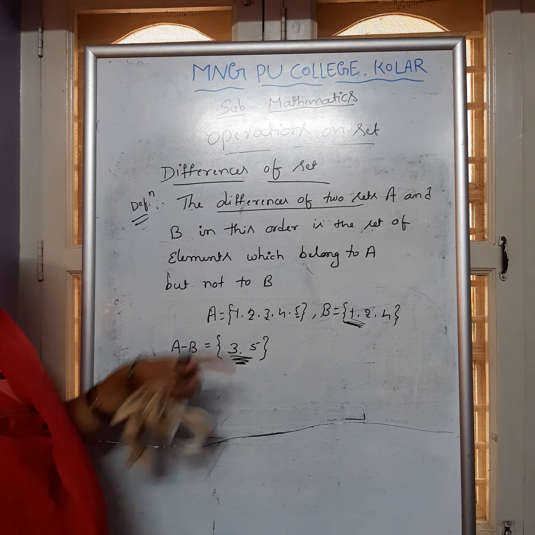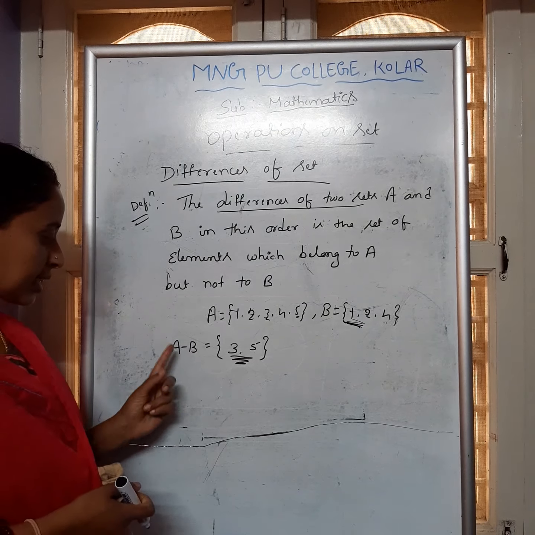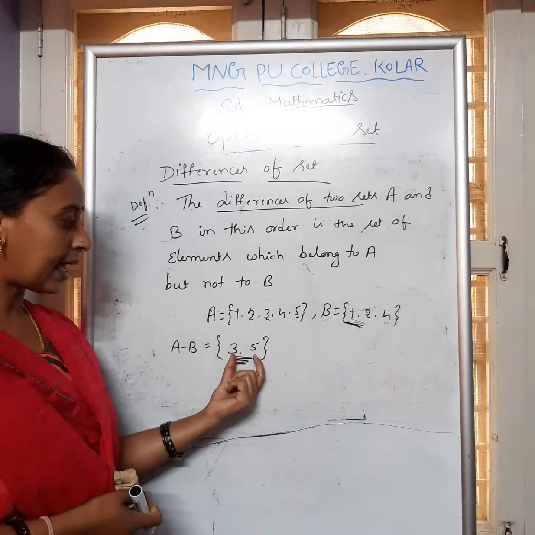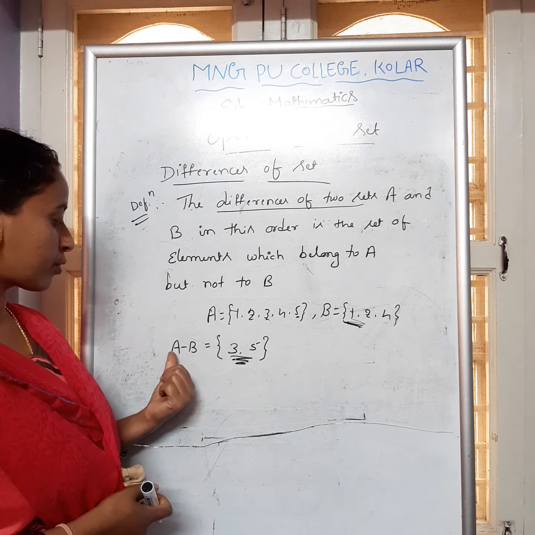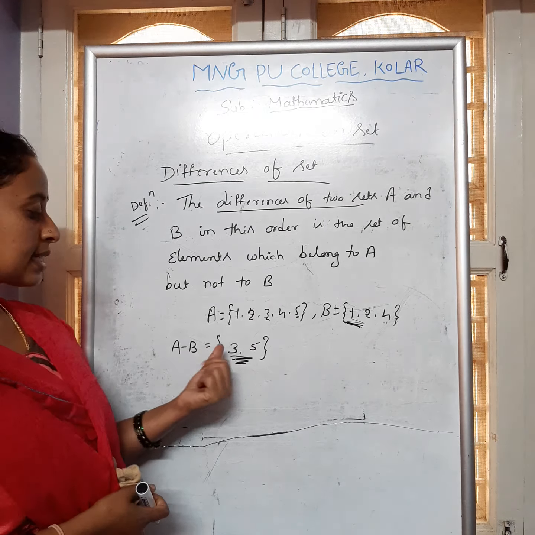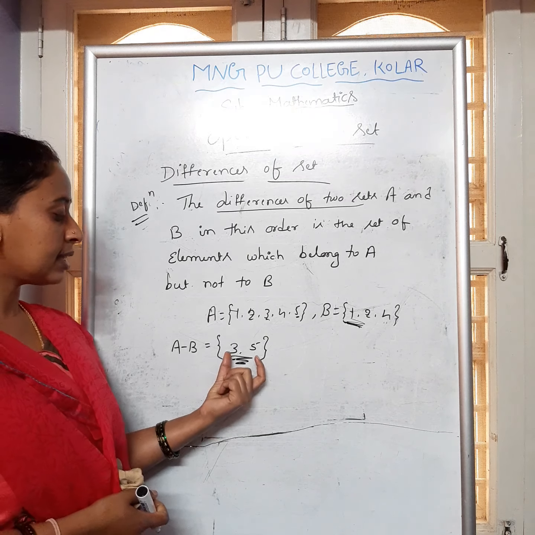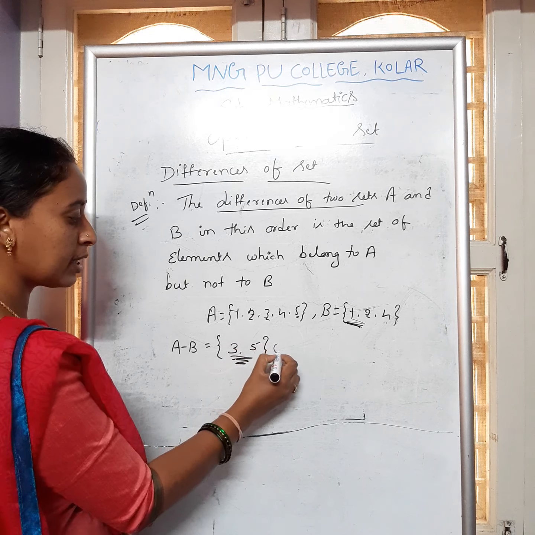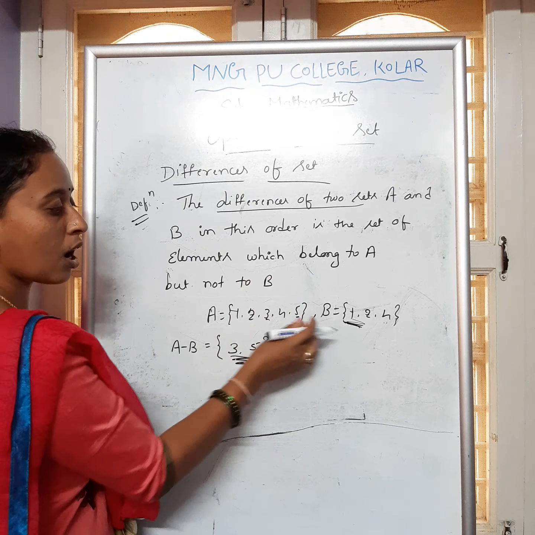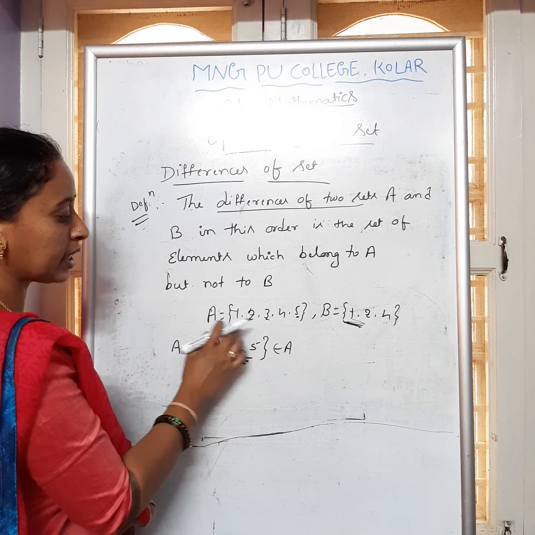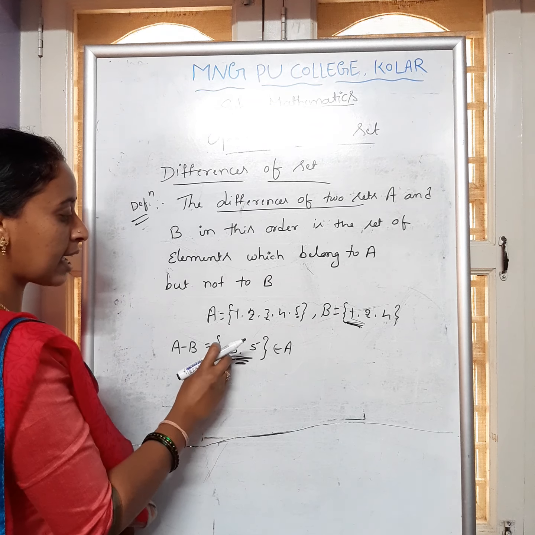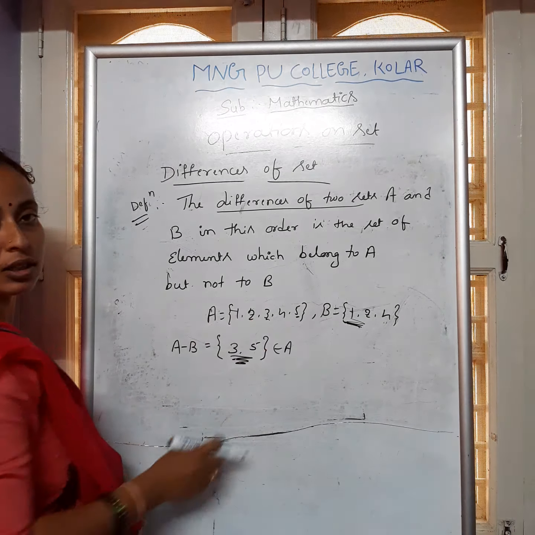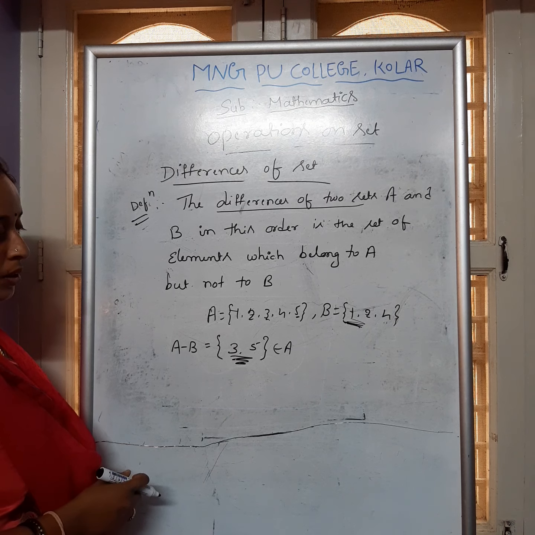That is the definition meaning. The difference of two sets A and B is the set of elements belonging to A but not to B. 3, 5 are in A, not in B. That means these elements belong to the difference of two sets: they belong to A but not in B. Understood?